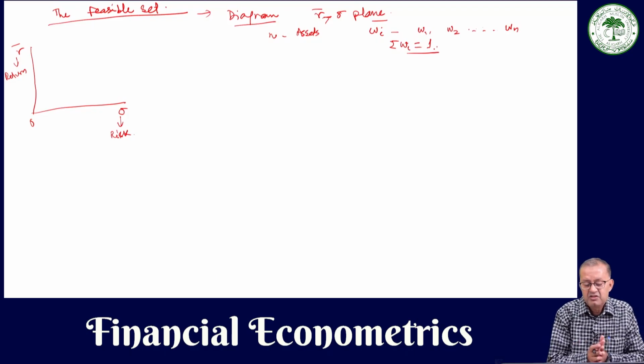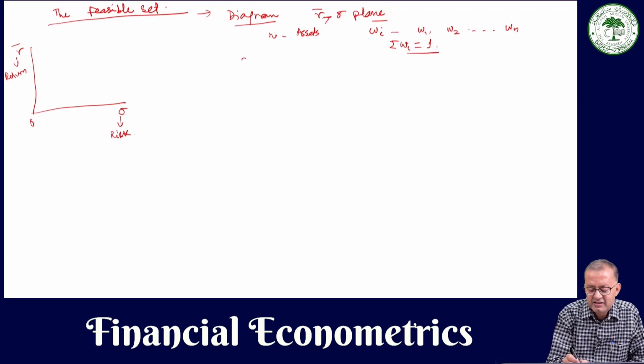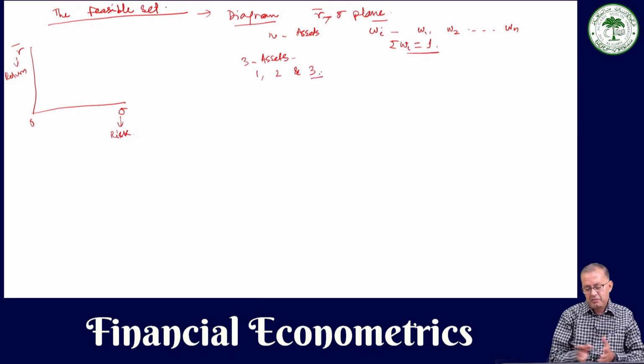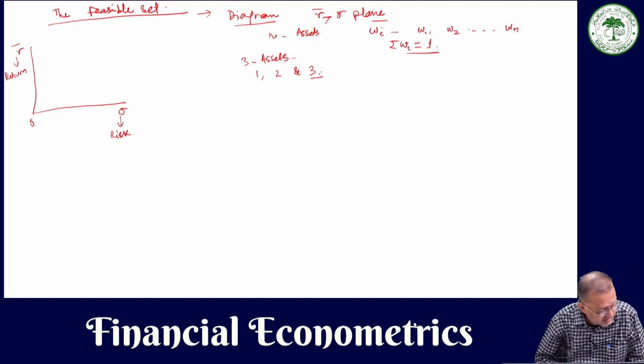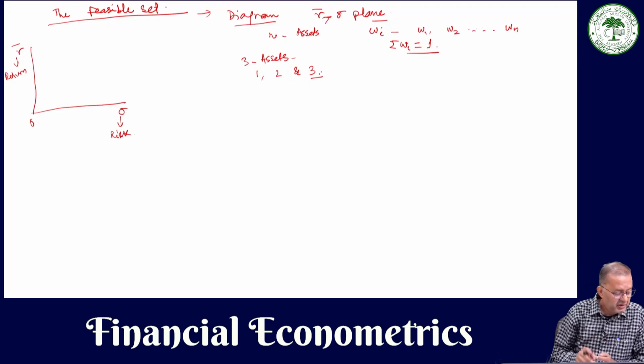So let us try to understand this investment in case there are three assets, 1, 2 and 3. Then the boundaries created by those assets, the path created by those assets, will be a solid region. The feasible set will be a solid two-dimensional region.